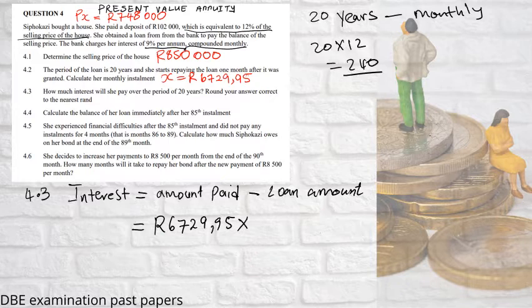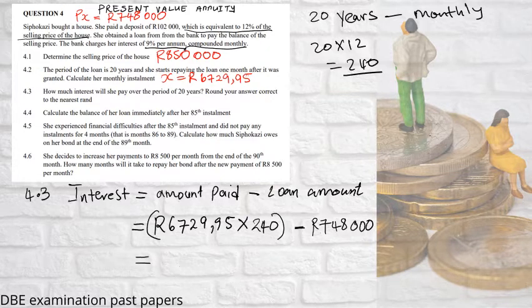So she made 240 payments of 6,729.95, and that's the amount she paid. We subtract the loan amount. What was the loan present value? She borrowed 748,000 rands. That was the loan, right?